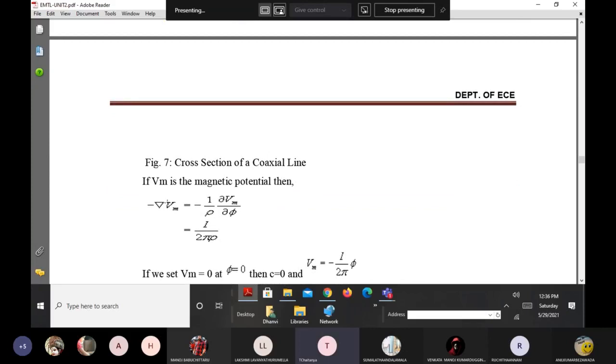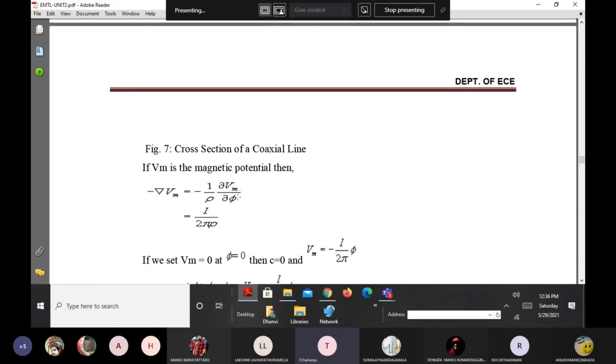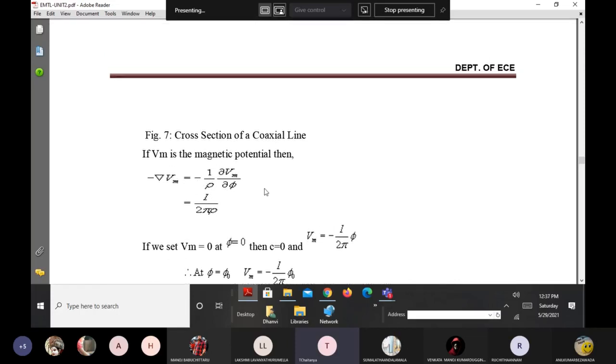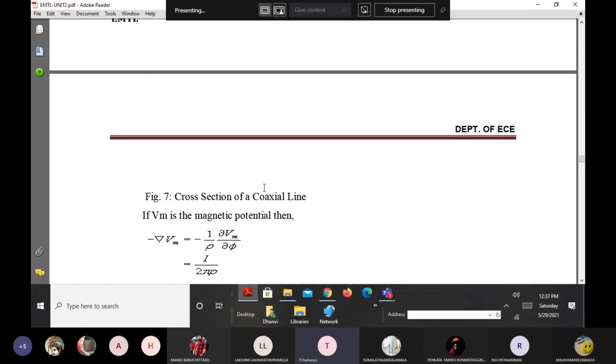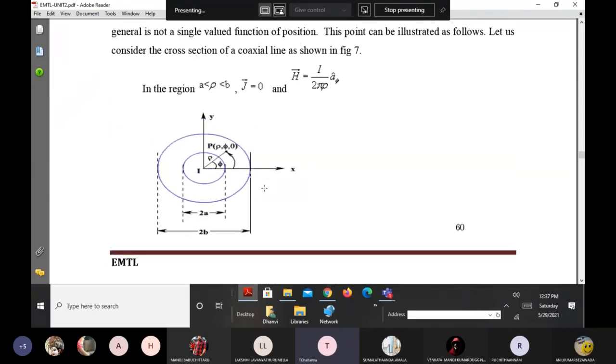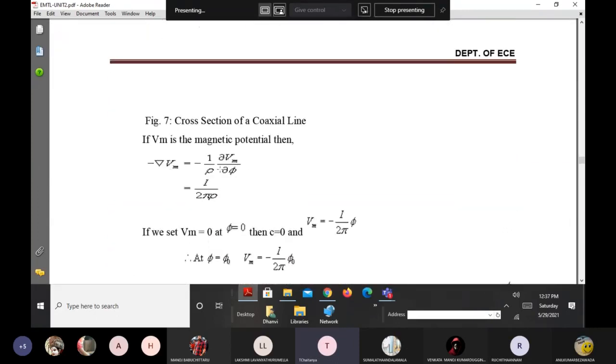Next, minus del Vm. This is the value for H: H equal to minus del Vm. H we have already recognized from Ampere's circuital law as I by 2 pi rho, which I can substitute here. I by 2 pi rho equal to minus del Vm.